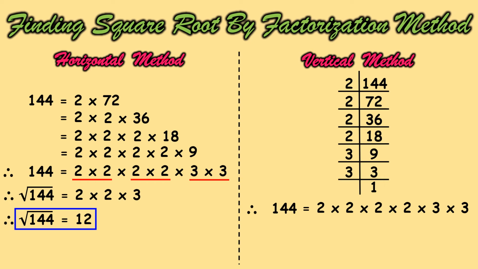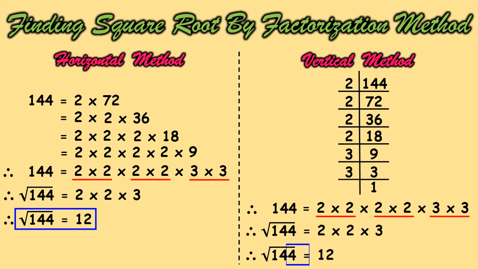So 144 is equal to 2 into 2 into 2 into 2 into 3 into 3. Pair it up. 2 and 2 together, 2 and 2 together, 3 and 3 together. Writing the pairs only once for the square root, square root of 144 is equal to 2 into 2 into 3, that is equal to 12. So these are the two ways of solving using the factorization method. It is all up to you which method you would like to follow.